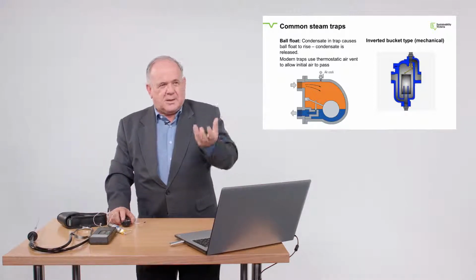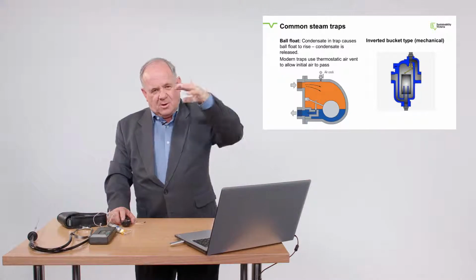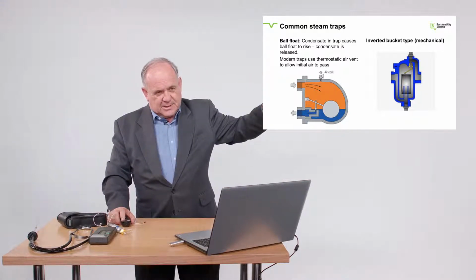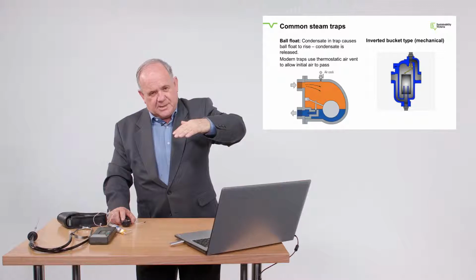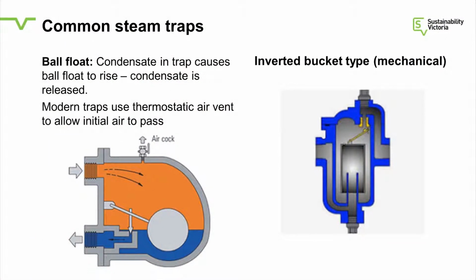The water comes in, the ball floats up, it opens the valve, and the steam behind it forces the condensate out. The ball drops back when there's only steam there. So that's a fairly basic trap. The inverted bucket is a similar process, except it's got a larger surface area, so it can handle larger and different flows of steam.